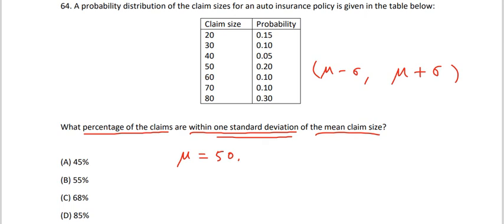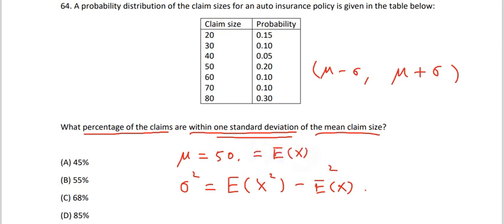So what is sigma, or what is the variance? We just plug in this formula: the variance equals E[x squared] minus (E[x]) squared. We already defined E[x] as 50, so we just focus on E[x squared].